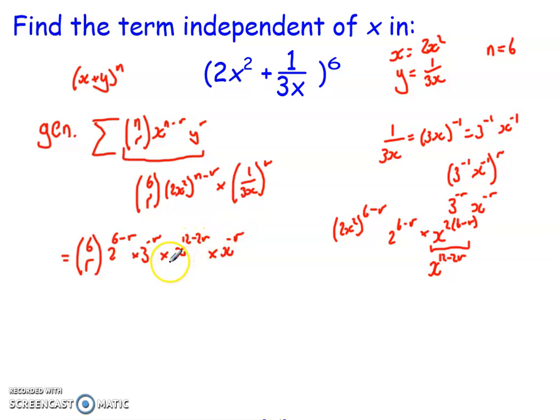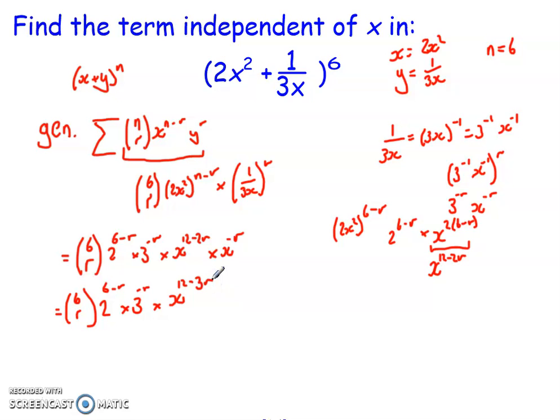What I can then do is, because these have got the same base, both of x, I can multiply these together and combine the indices, i.e. add them together. So what I then know I've got is 6 choose r, 2 to the 6 minus r, times 3 to the minus r, times x to the 12 minus 3r.